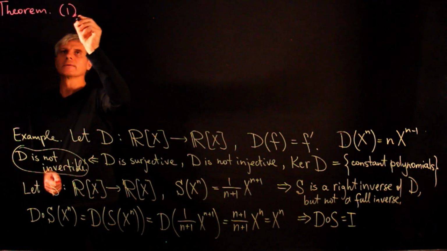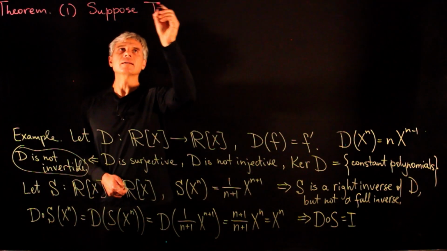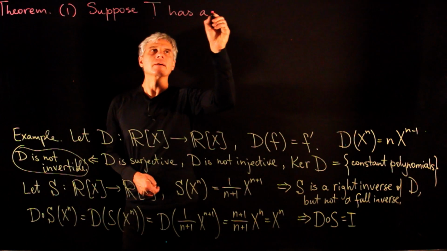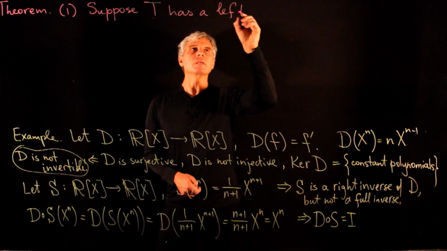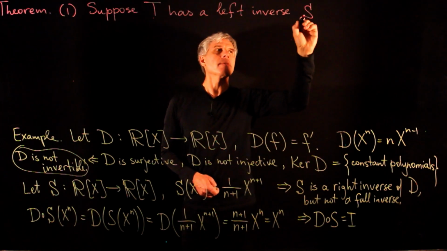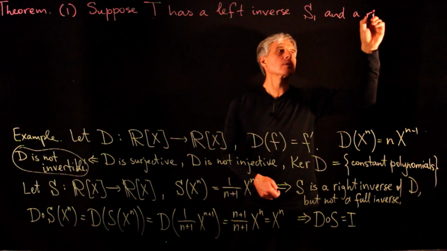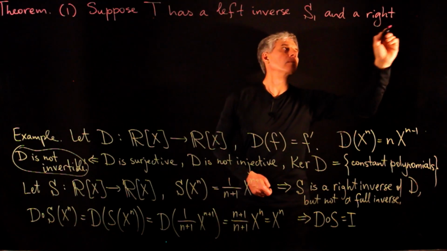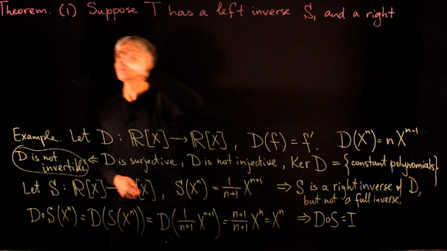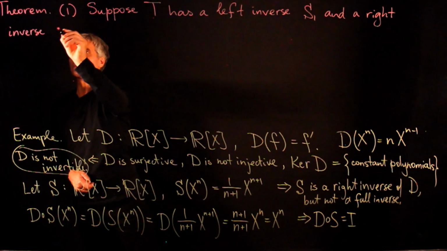So the first part. Suppose T has a left inverse S1 and a right inverse S2.